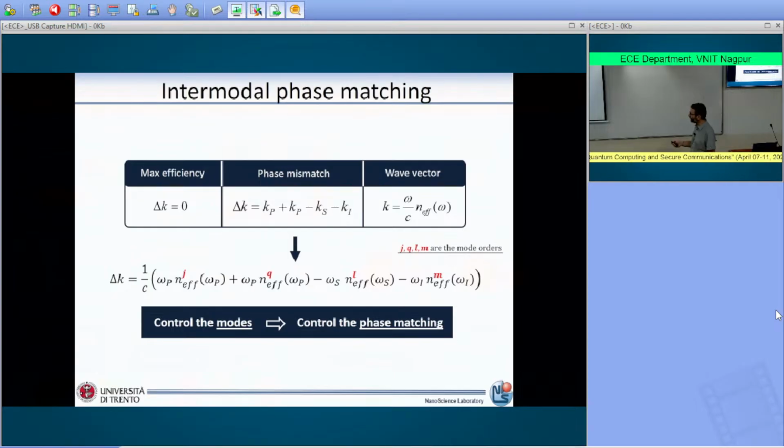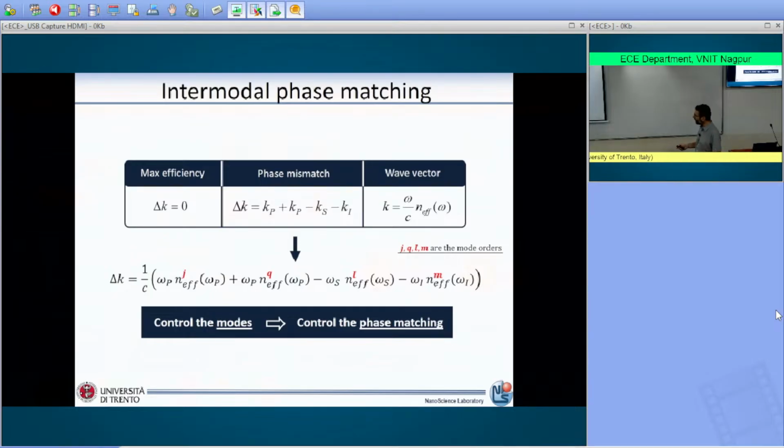Now we plug this definition into the phase matching condition, and we end up with the phase matching condition, which we want to be equal to 0, written as the frequency of the pump multiplied by the effective index of the pump, twice, minus the frequency of the signal photon multiplied by the effective index of the signal photon, minus the frequency of the idler photon multiplied by the effective index of the idler photon.